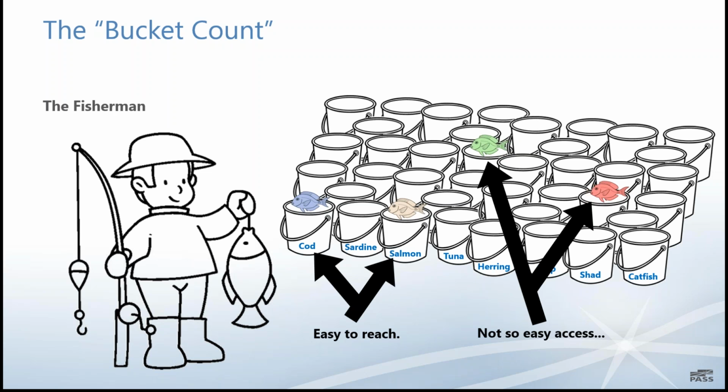But if someone asks him for the green fish or the red one, he was having problems because accessing those buckets in the middle was not so easy. So this was a performance problem, I can call it, for his selling process.